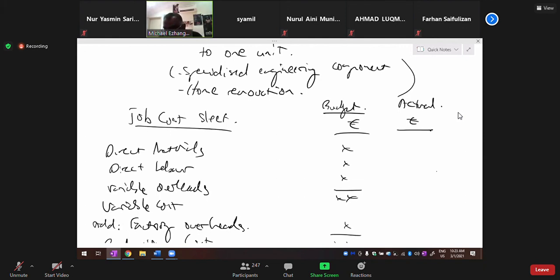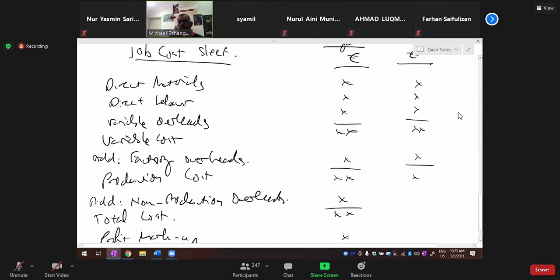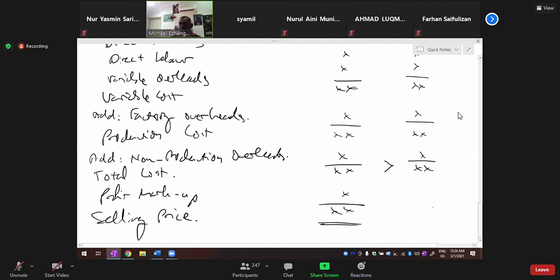So the whole process of comparing the budget and the actual is simple. All right. It's just to make sure it's a cost control device. Yeah. We just want to make sure that at every stage we have this. All right. Watch. And then we have factory overhead. We have that. We have that. And we have that. Important. You want the actual cost to be below the total. Can you follow? So if actual cost goes below the total, price same.